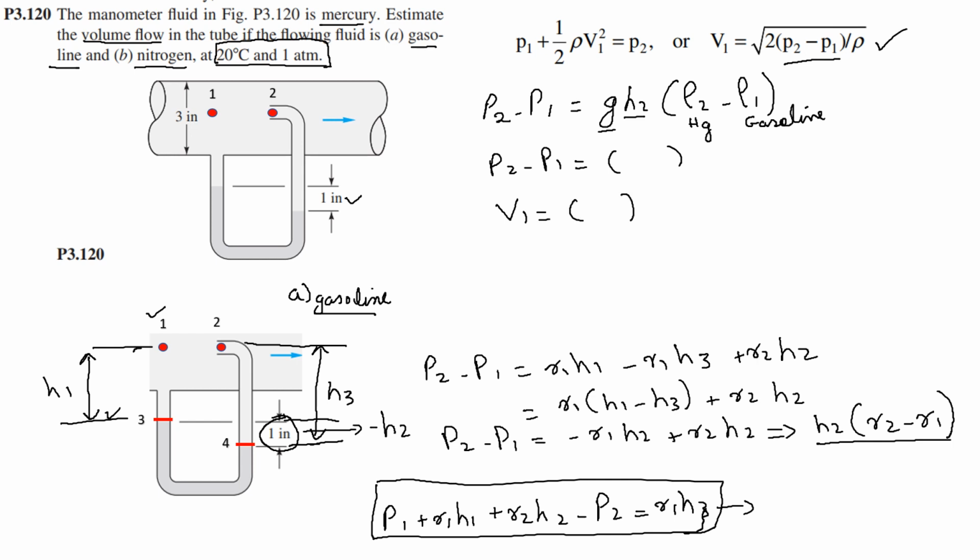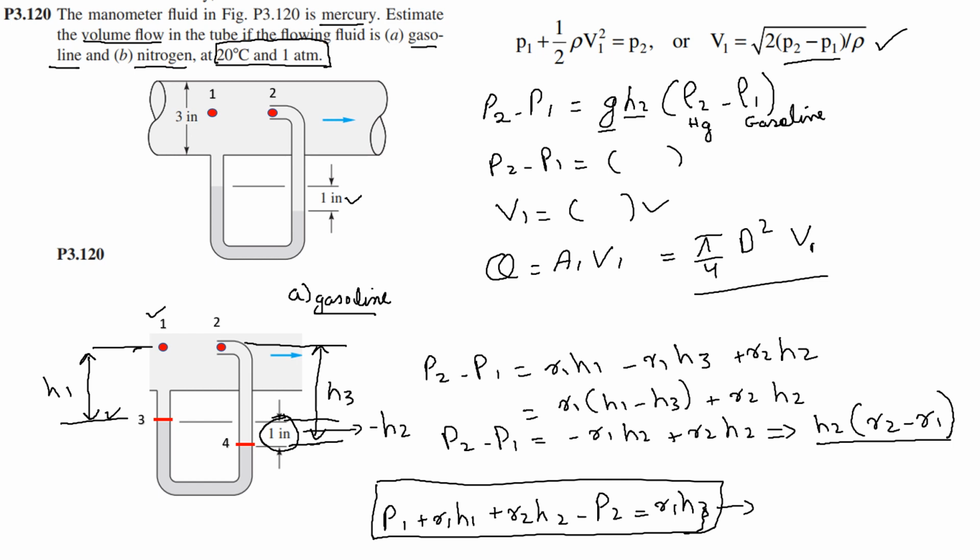And after finding V1, you need to find the flow rate from the formula Q is equal to A1 V1. So that A1 will be pi by 4 d square, and V1 will come out from here. So here, using this formula, you can find the volumetric flow rate.